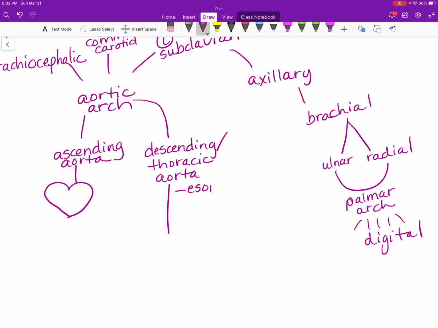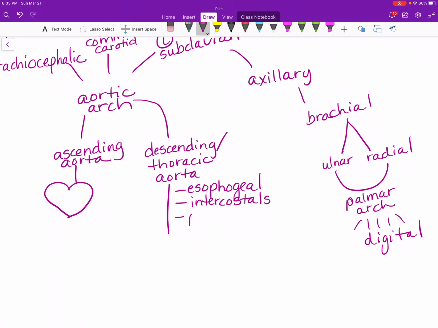We have the esophageal artery. We have the intercostal arteries supplying your ribs and the muscles in between your ribs called the intercostal muscles.